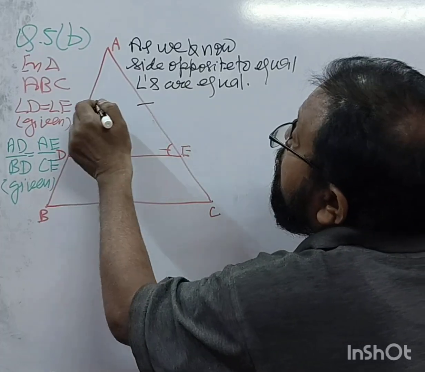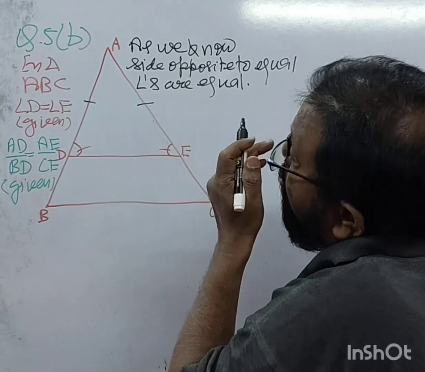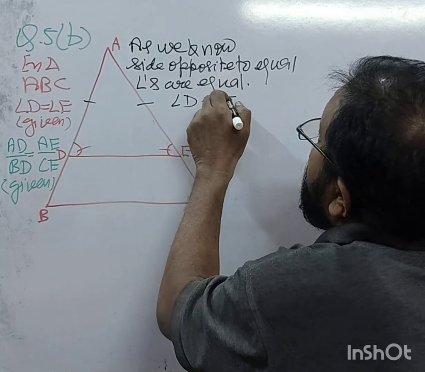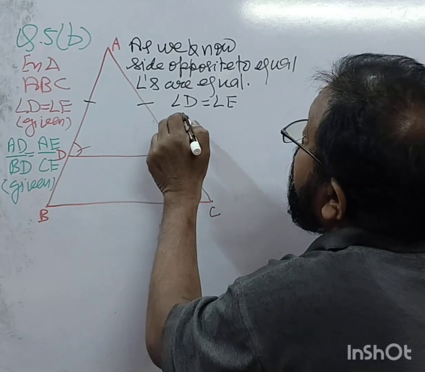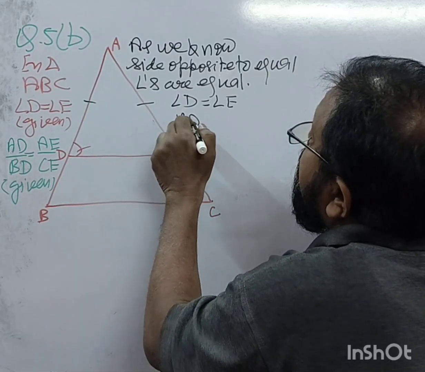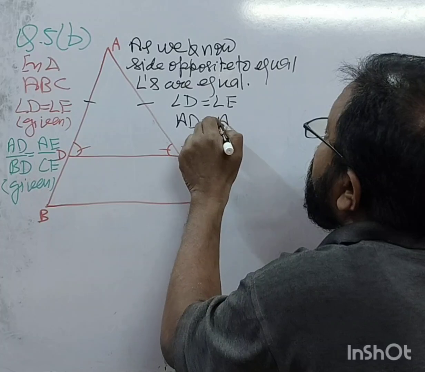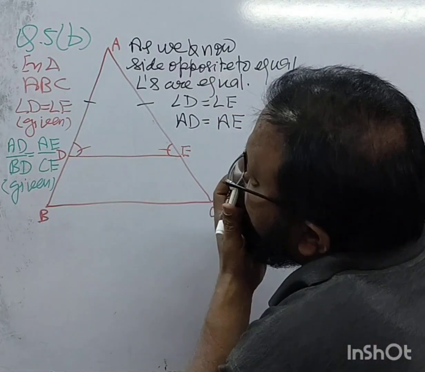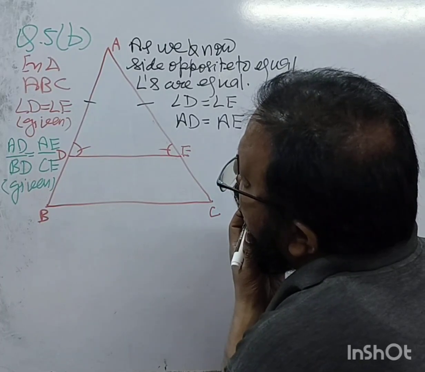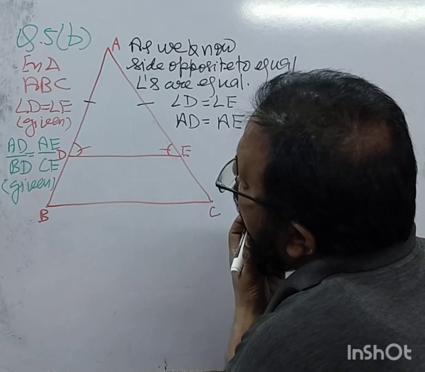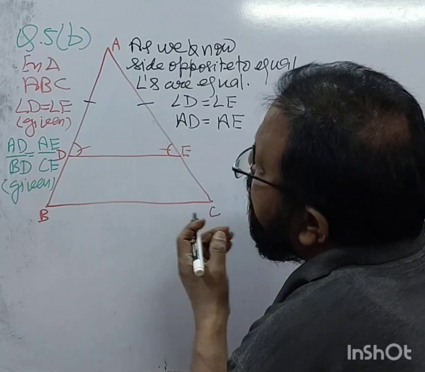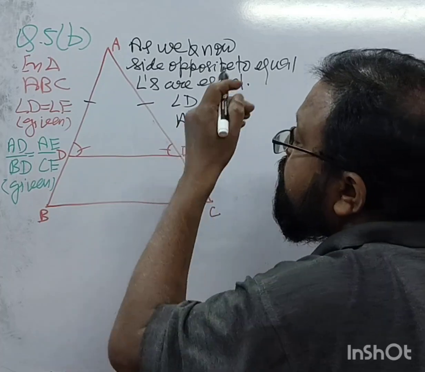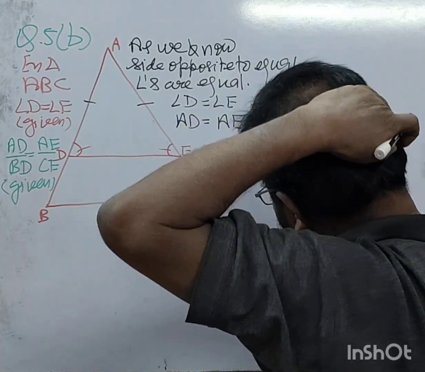So therefore, angle D is equal to angle E. Therefore, AD is equal to AE, right? AD is equal to AE.